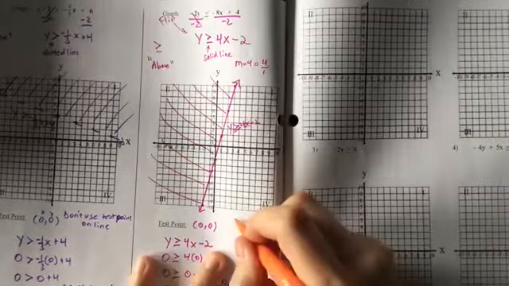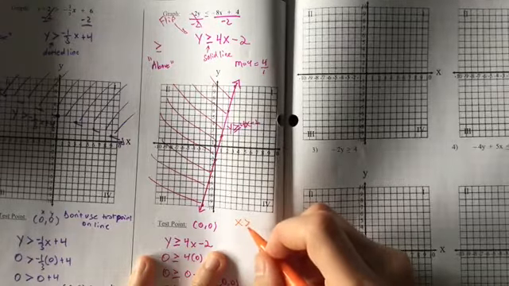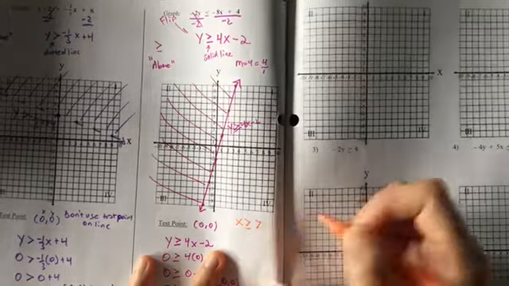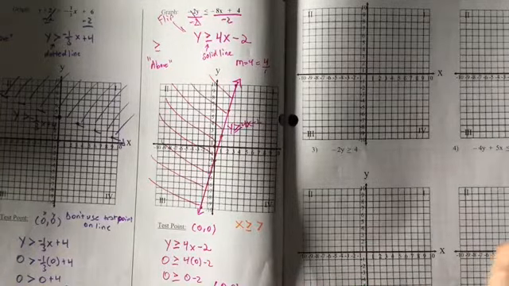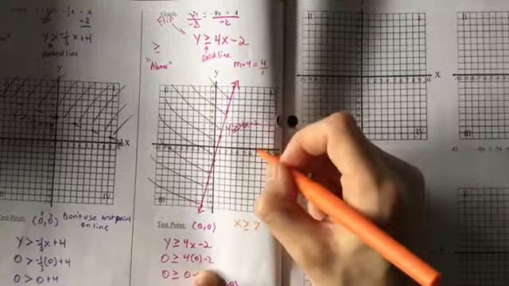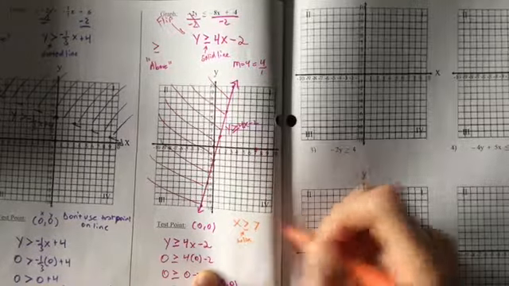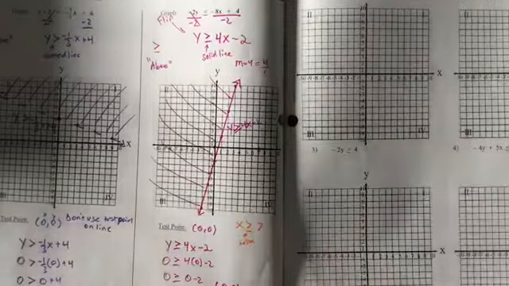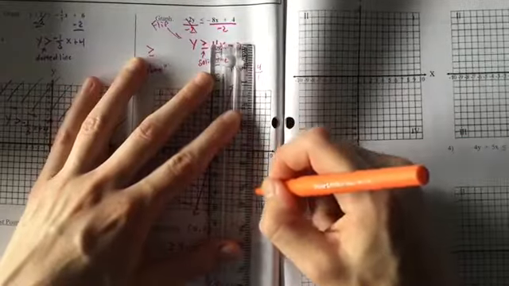How do we graph something like x is greater than or equal to 7? I have to realize it's a vertical line. The only information I have is that x is 7. It's going to be a solid line, so I'm going to graph a solid line at 7 on the x-axis.